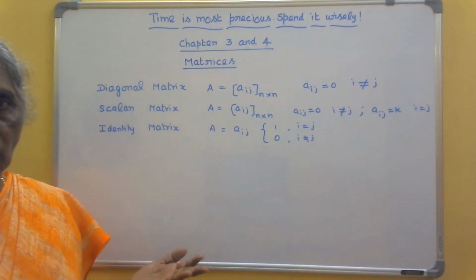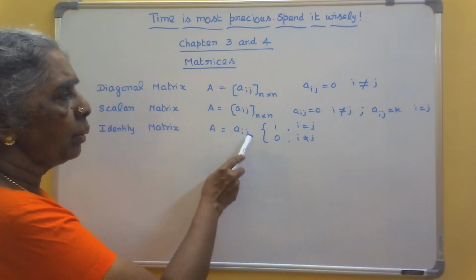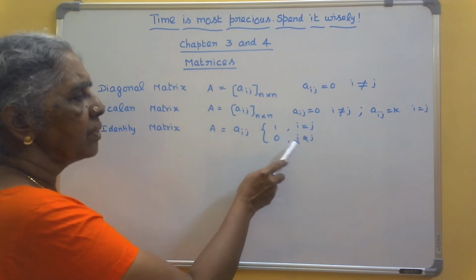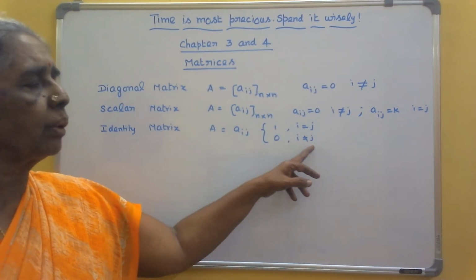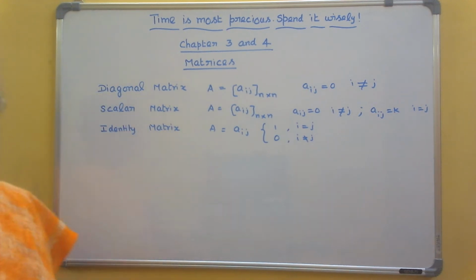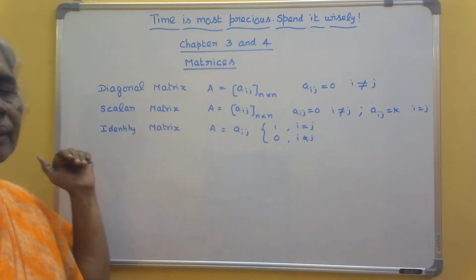Identity matrix you all know, but I just want you to know this notation. A is equal to [a_ij], where a_ij is equal to 1 if i is equal to j and 0 if i is not equal to j. So these are all special categories of square matrix: square matrix, then diagonal, then scalar, then identity.